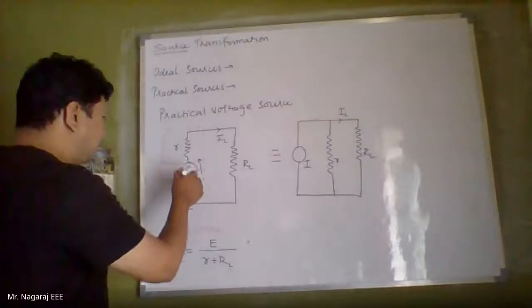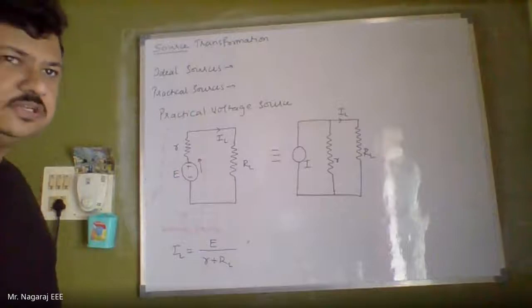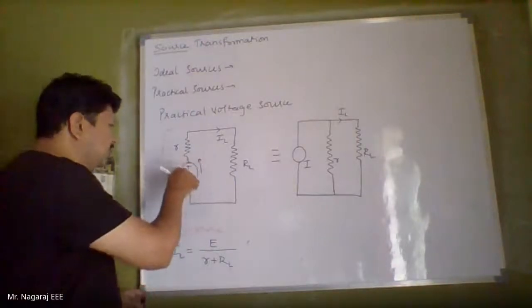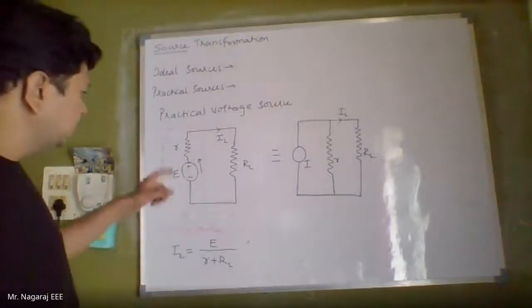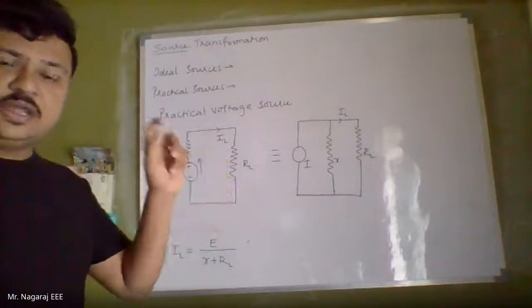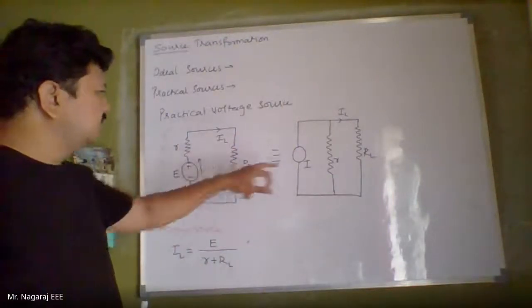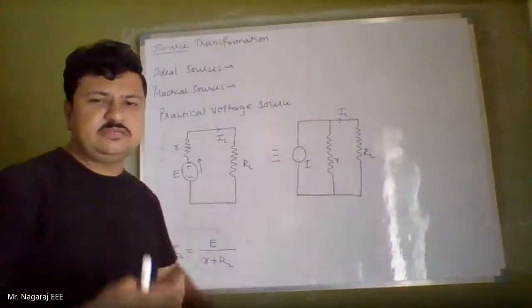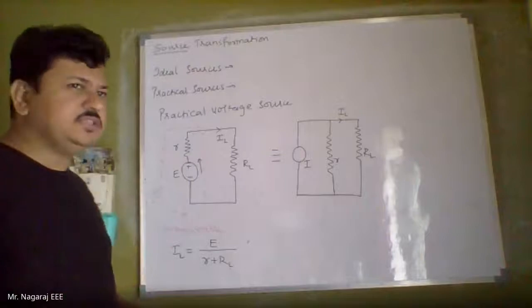This is called the active sign convention, because the source is an active element. Whatever sign convention the sink follows, sink meaning the passive element which is receiving the current, that is called the passive sign convention.